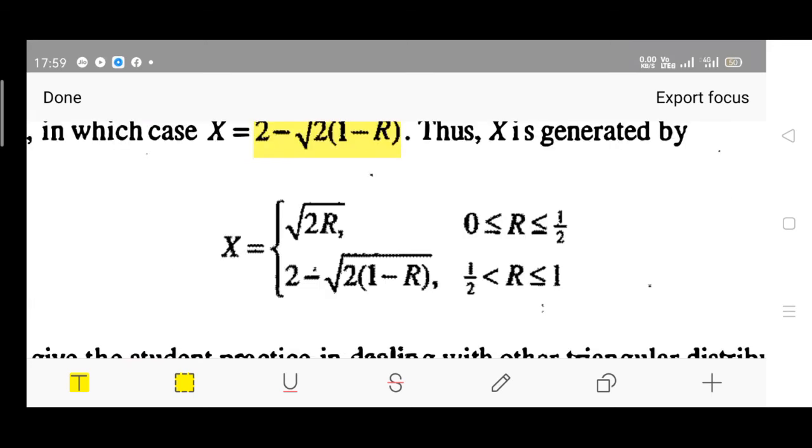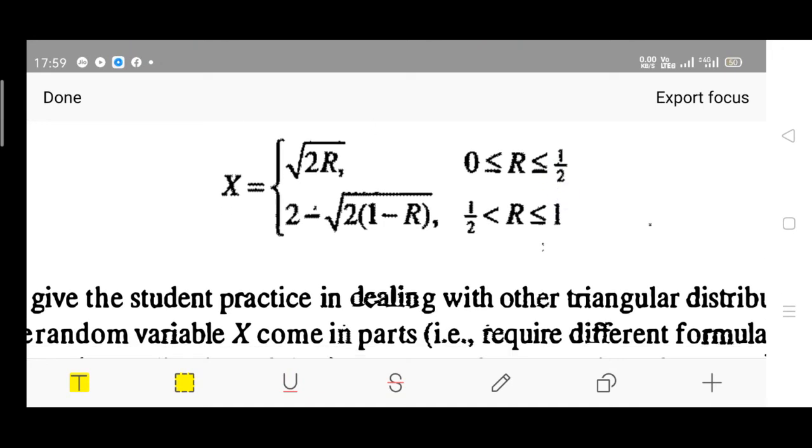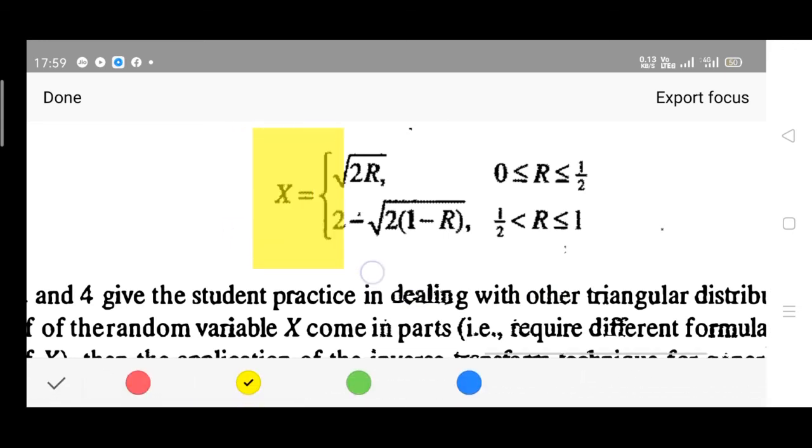So the value of x will be 2 minus the square root of 2(1 minus r). Again the range lies between half and 1, 1 by 2 to 1, because of the square root. That is what the variate is. This is the random variate formula for triangular distribution. Please understand, we are speaking about the triangular distribution.